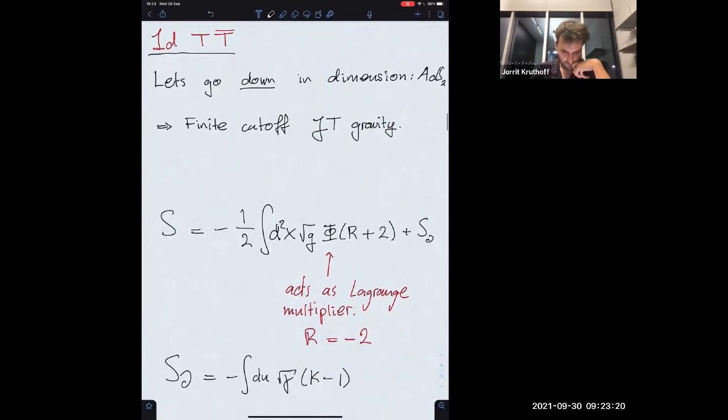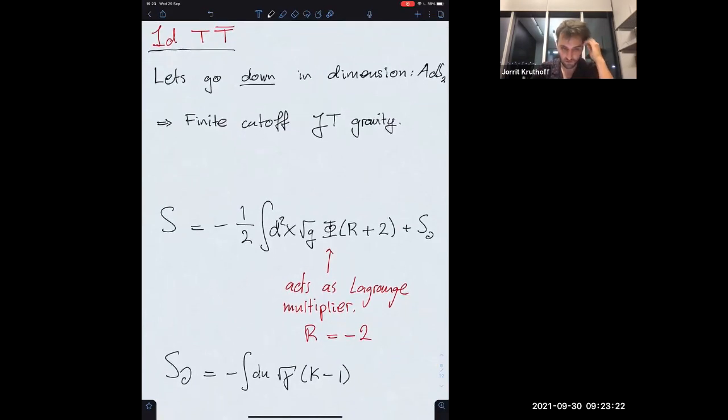So what I wanted to do is talk a little bit about the 1D TTbar version that I worked on with Edgar Shaghoulian, Andrew Rolfe, and David Gross. There are various ways of thinking about it.